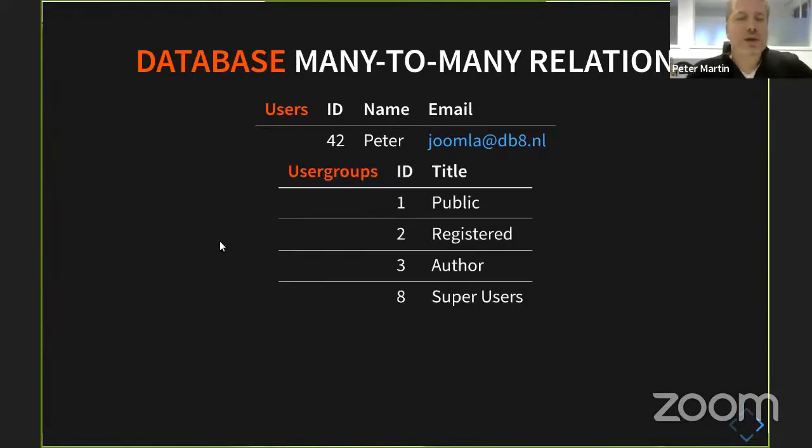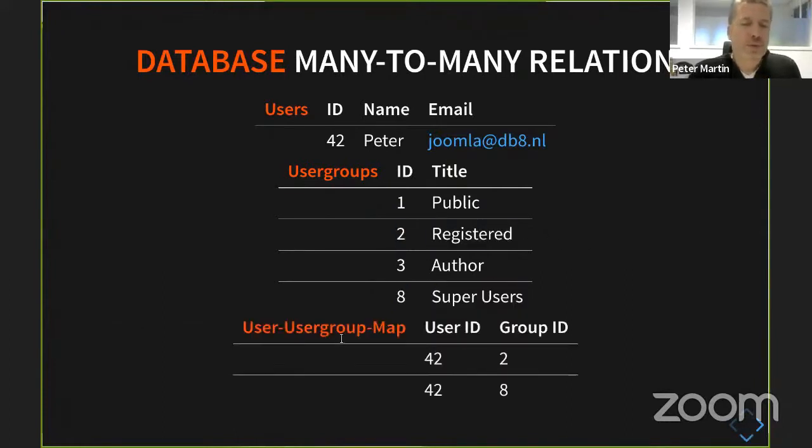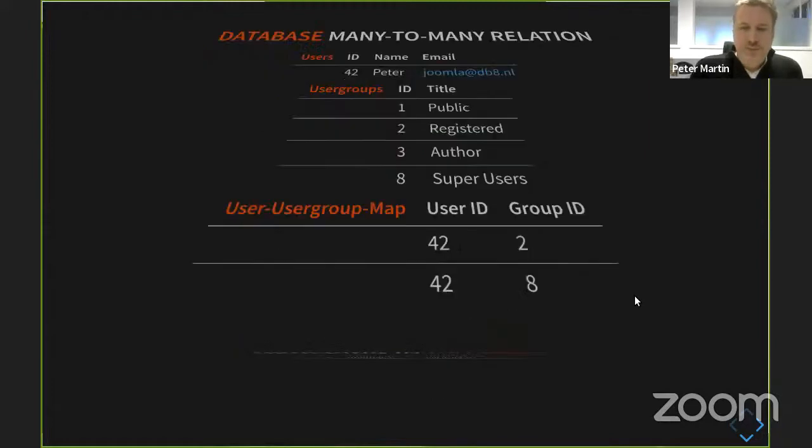If you look at another table called user groups, it has public, registered, author, super users, and more. But I am a super user and also a registered user. So there is another table called user group map, which stores the ID of the user, in this case 42, with all the groups that the person is in. So I am in registered and super user. This is a many-to-many relation.